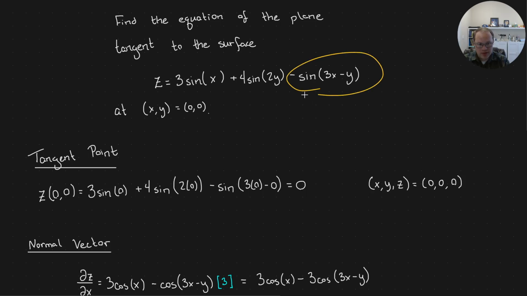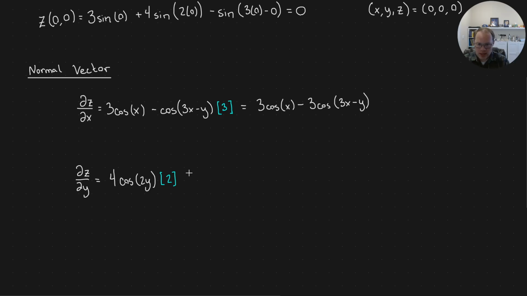And then the derivative of negative sine (3x minus y) is going to be negative cosine (3x minus y) times the derivative of the inside with respect to y, which is just negative 1. So this becomes 8 cosine of 2y plus cosine of (3x minus y).